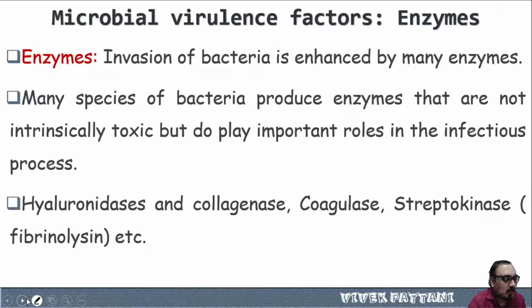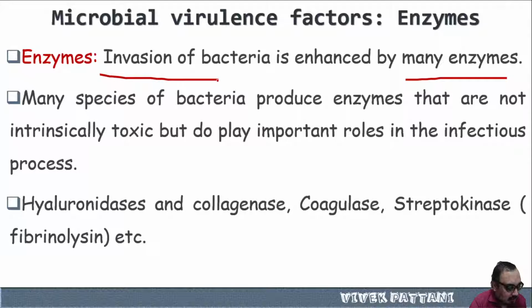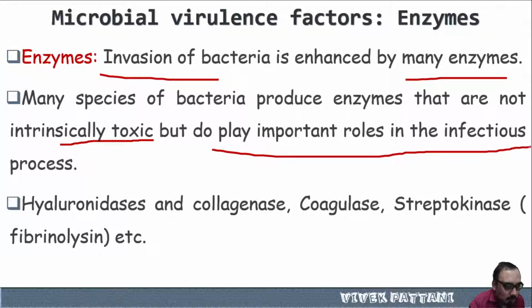Starting with the microbial virulence factors, the first one is the enzymes. The invasion of bacteria is enhanced by various enzymes, and many species of bacteria produce enzymes that are not intrinsically toxic but do play an important role in the infectious process.